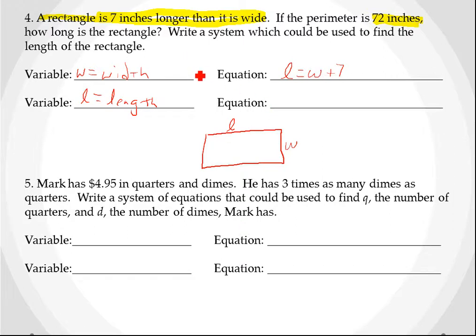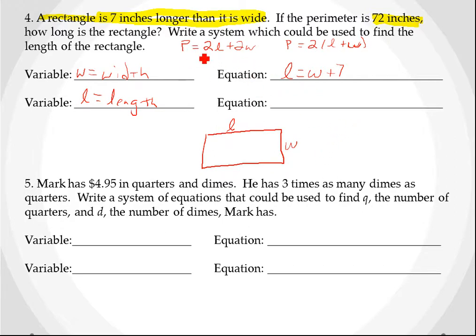Alright? So, we also need to memorize the perimeter formula, which is perimeter equals 2 times the length plus 2 times the width. You might also use perimeter equals 2 times L plus W. But for our purposes today, what we're going to do is we're going to use this first one here.